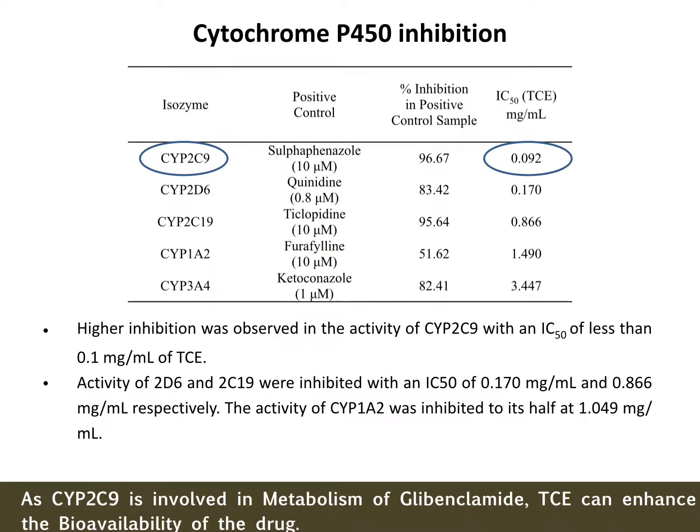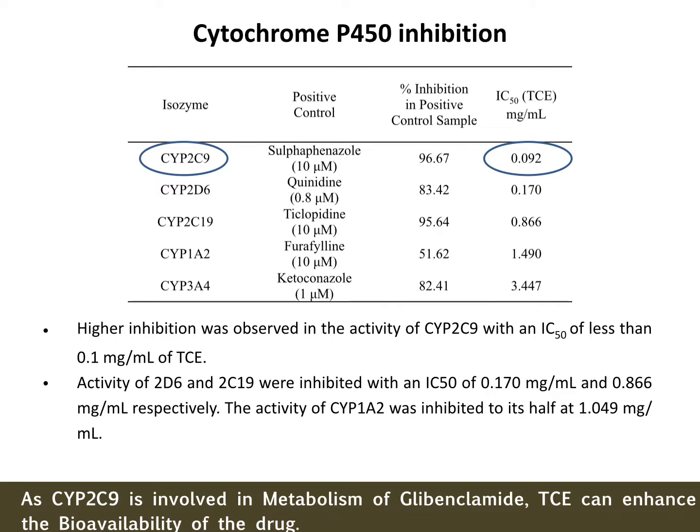As you can see in this slide, the IC50 of Tinospora cordifolia for CYP2C9 is 0.092 milligram per ml. For CYP2D6 it is 0.170. Similarly, for CYP1A2 it is 1.490, and for CYP2C19 it is 0.866.